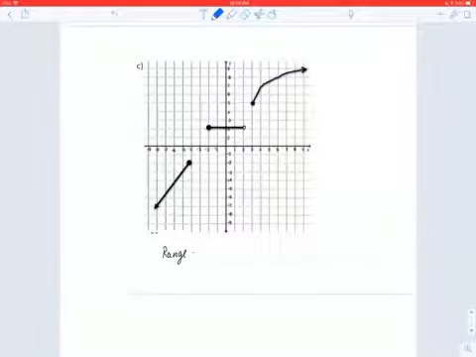And the last problem is this graph. On this portion of the graph, we're looking for what y values we're using.